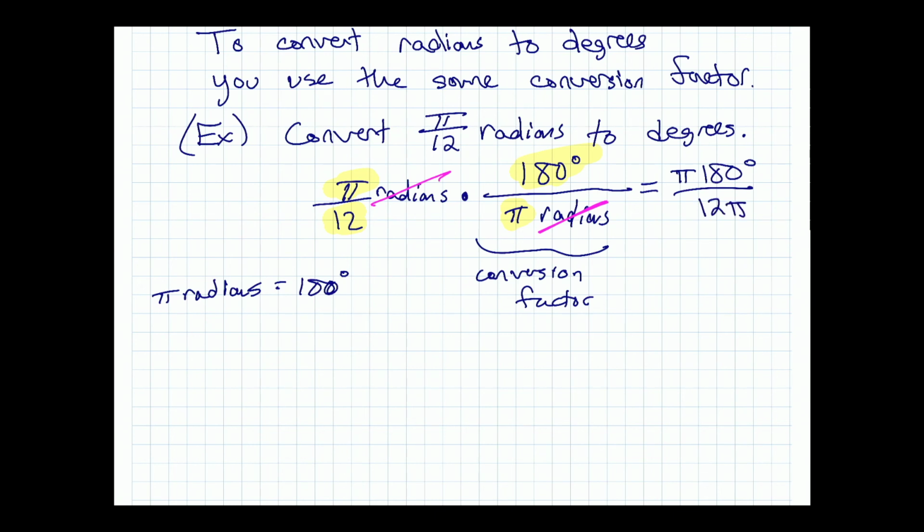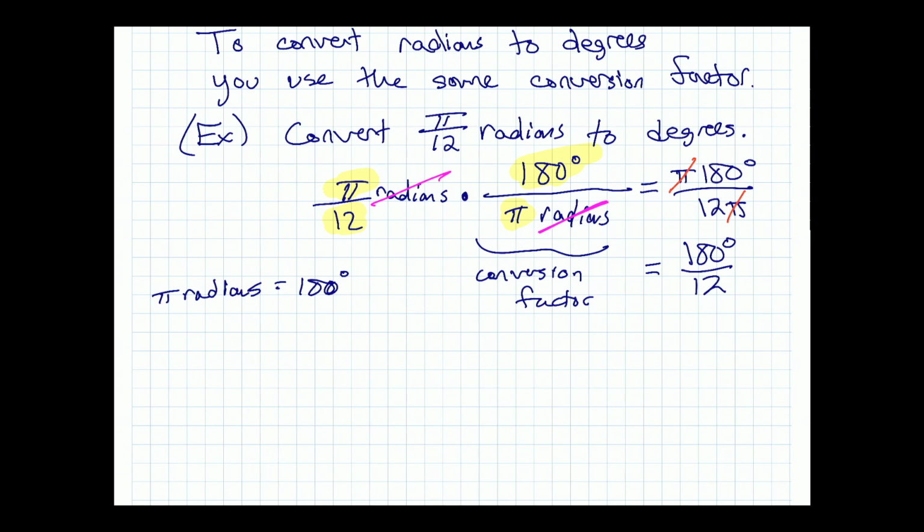Like that. Okay, and just like last time, we've got to do some canceling. So the first thing that you can cancel right away is the pi there, right? There's pi on top, pi on the bottom. So then you're left with 180 degrees on top, and then on bottom we have 12.